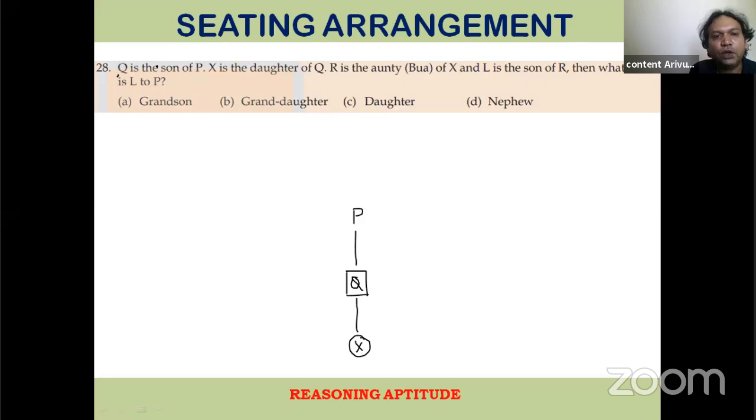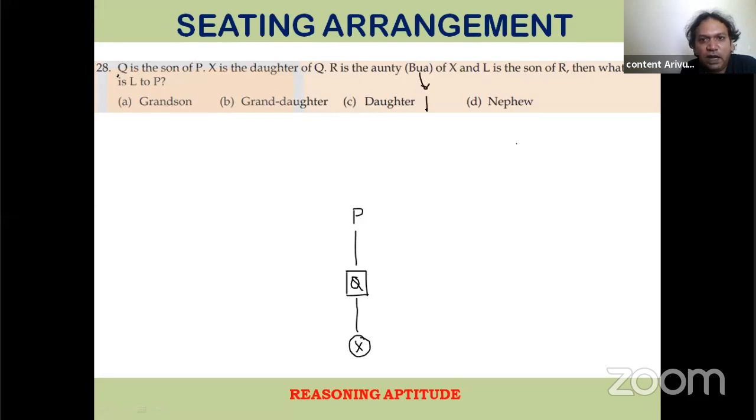Done. So Q is the son of P. X is the daughter of Q. R is the auntie, which is Bua, of X, and L is the son of R. So R is the auntie of X. So X has a Bua.